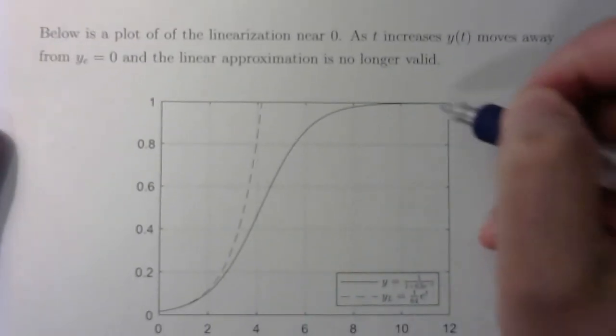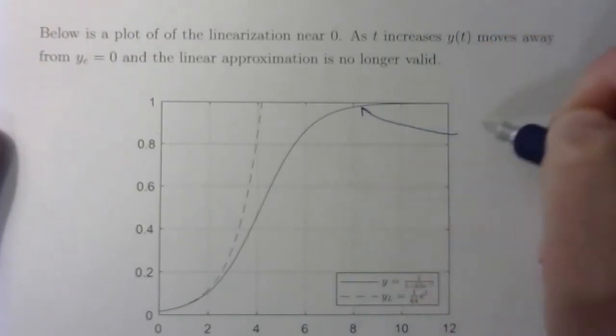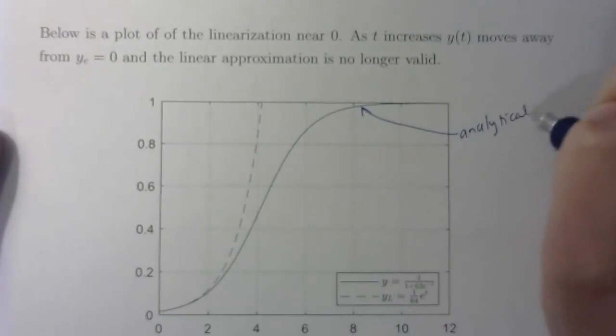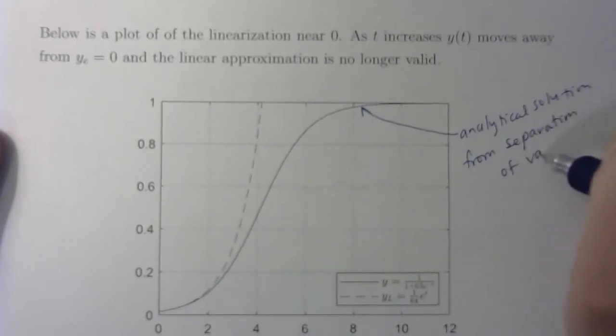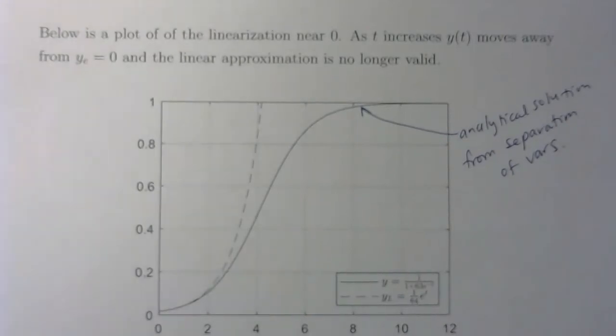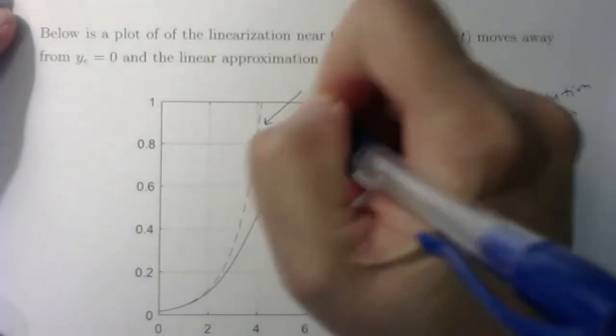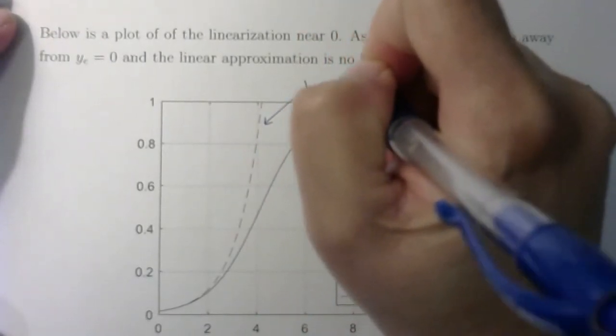So this is the exact solution, or the analytical solution, from separation of variables. See, we like a separable equation because then we can actually compare and see how good the linearization is.